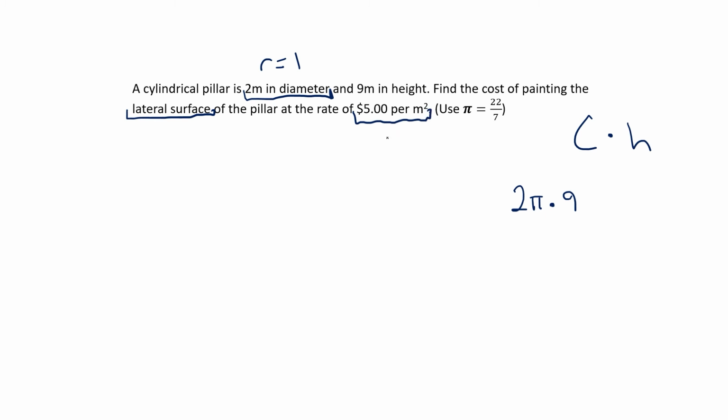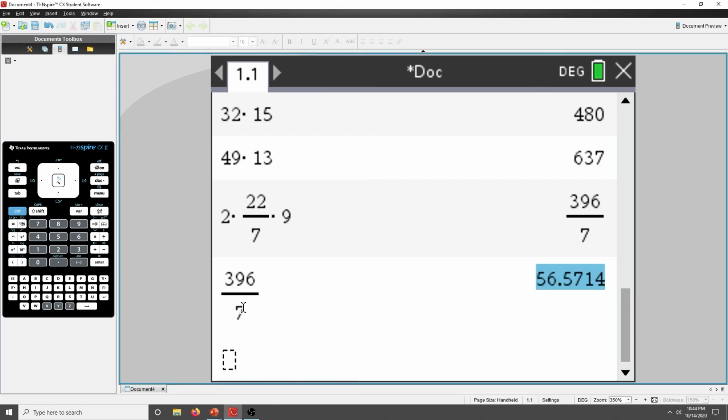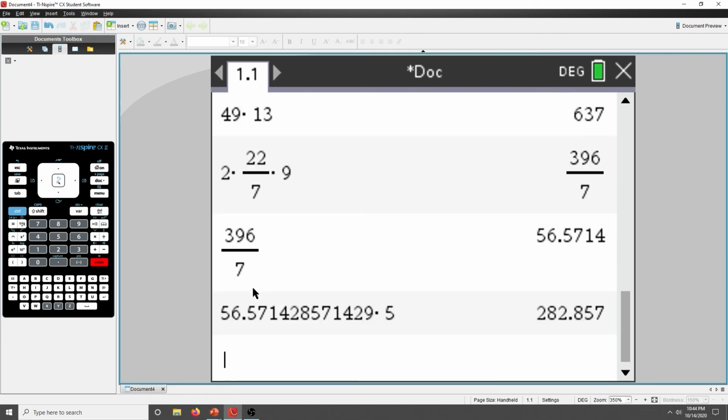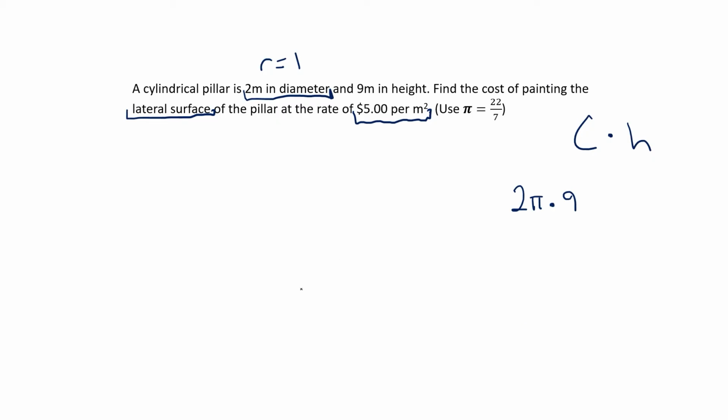And so it's just easier when it's not in a fraction. You could also do it once you multiply this times 5, because it'll have it in terms of dollars and cents, not a fraction. So we just got to multiply that answer times 5. So the cost, rounded up to the nearest cent, is $282.86.